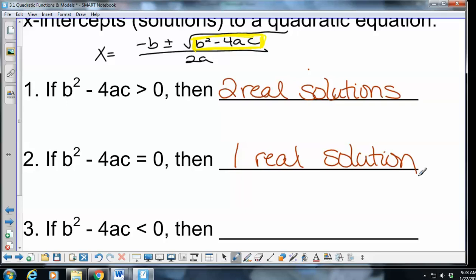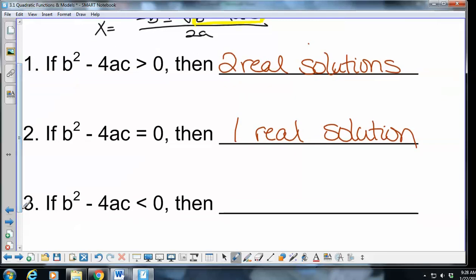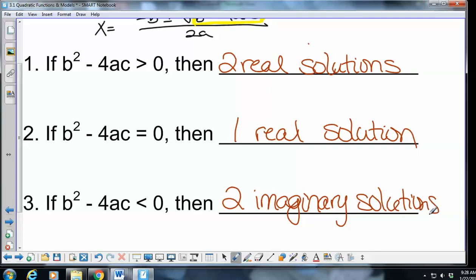Anytime you get a negative under a square root, then you get an i. So you have something plus that imaginary number, something minus that imaginary number. So that is 2 imaginary solutions. Any questions about that?